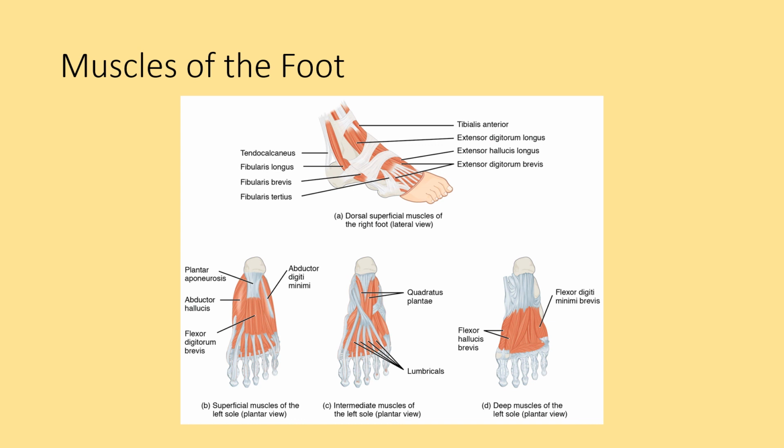Just find something. If you go to Google Images, there's a lot where you can get unlabeled pictures. And then just get a plastic sleeve, like I recommended with learning the bones of the skeletal system. Print off these diagrams, put them in a plastic sleeve, and then use an erasable marker and label. And then erase and label again.